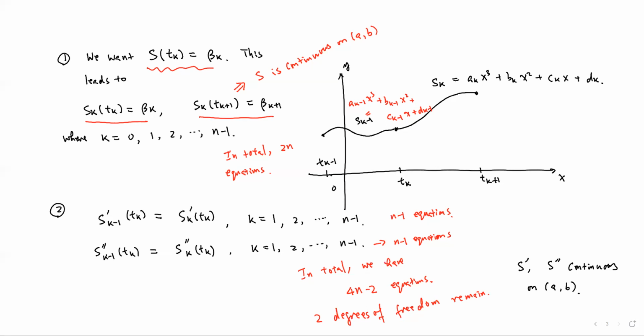Of the 4n coefficients, we can arbitrarily assign values to two of them, and then the remaining coefficients are determined by these 4n minus 2 equations.